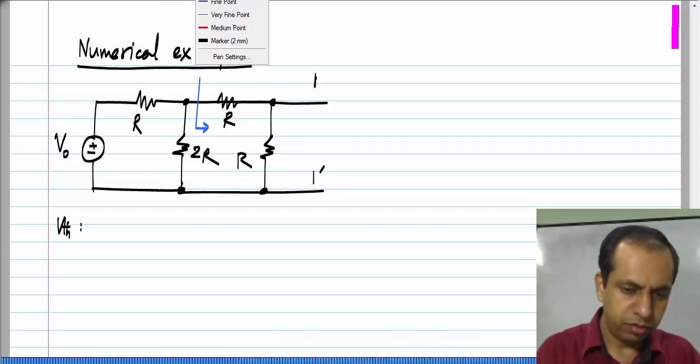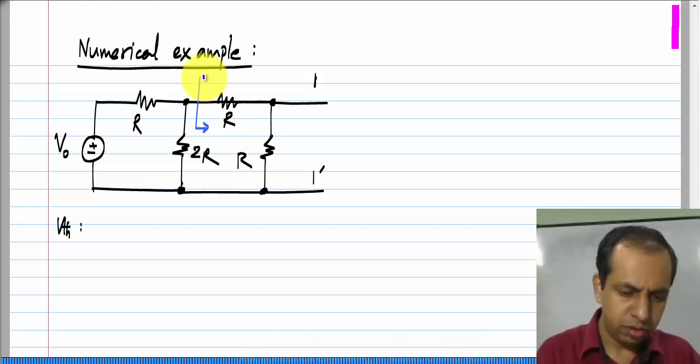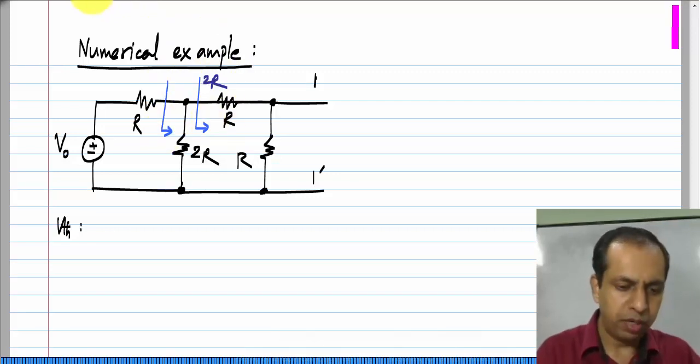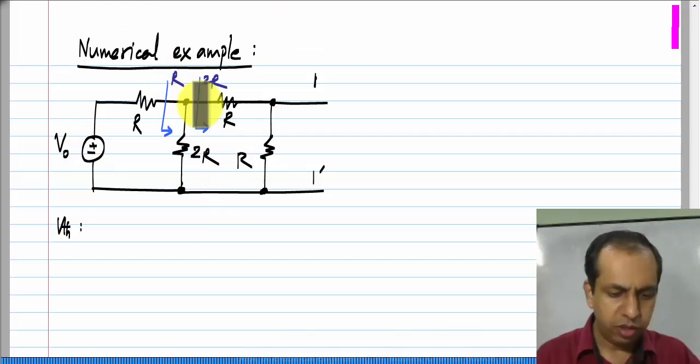Okay. So, this is 2R, and looking here I have 2R parallel to R. So, I have R.